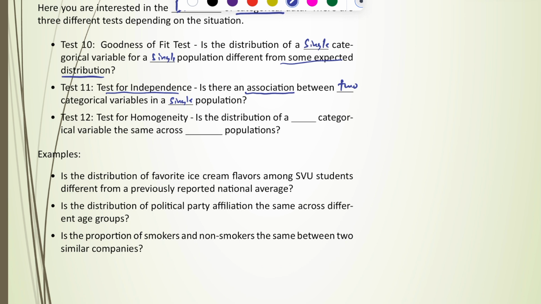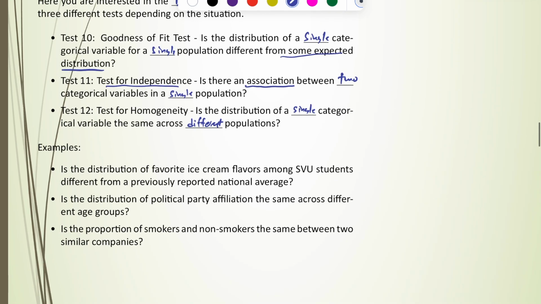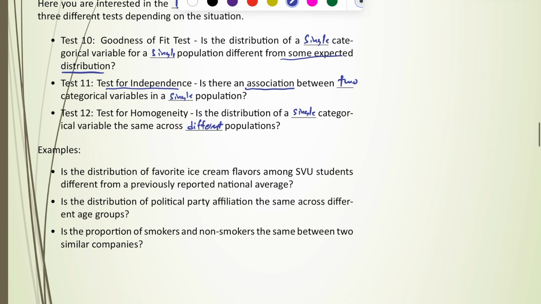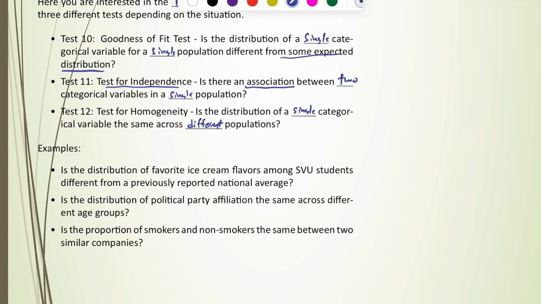This asks, is the distribution of a single categorical variable the same across different populations? Okay, this is definitely a lot to take in and to sort out. We're going to take more examples of this.